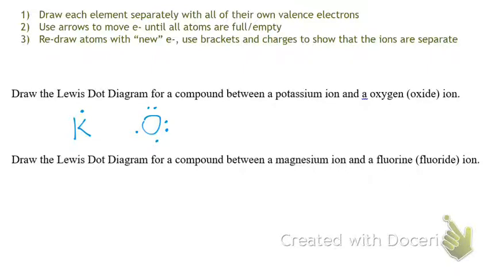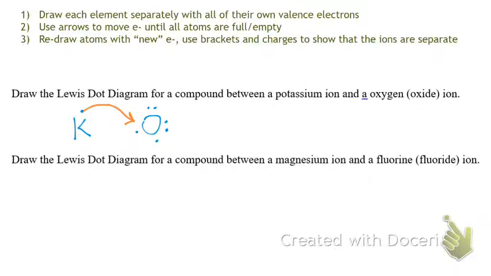And now, as I start trying to draw my arrows and move my electrons around, this 1 potassium is definitely going to be the one losing. That 1 dot can come over and fill in this one kind of space that oxygen has there. But oxygen has another space sitting over here that isn't filled in. So this is actually not quite done yet.